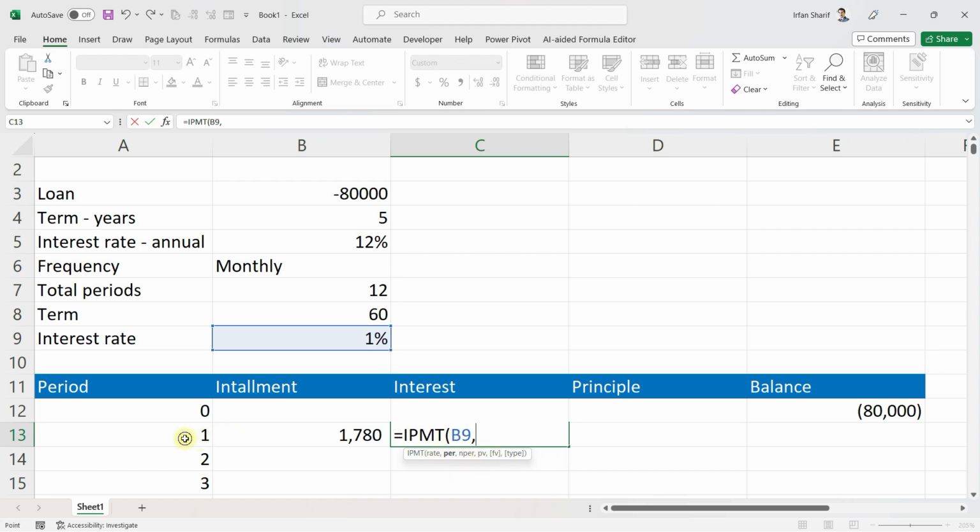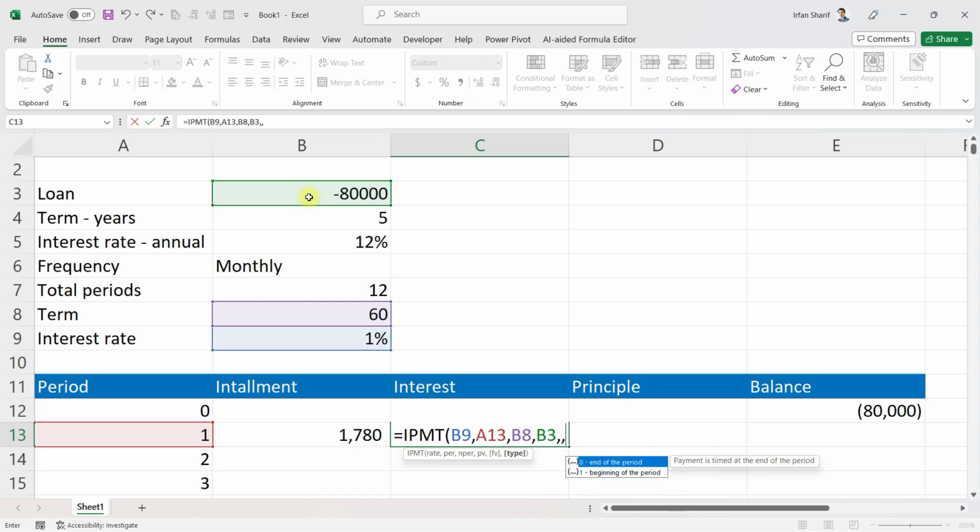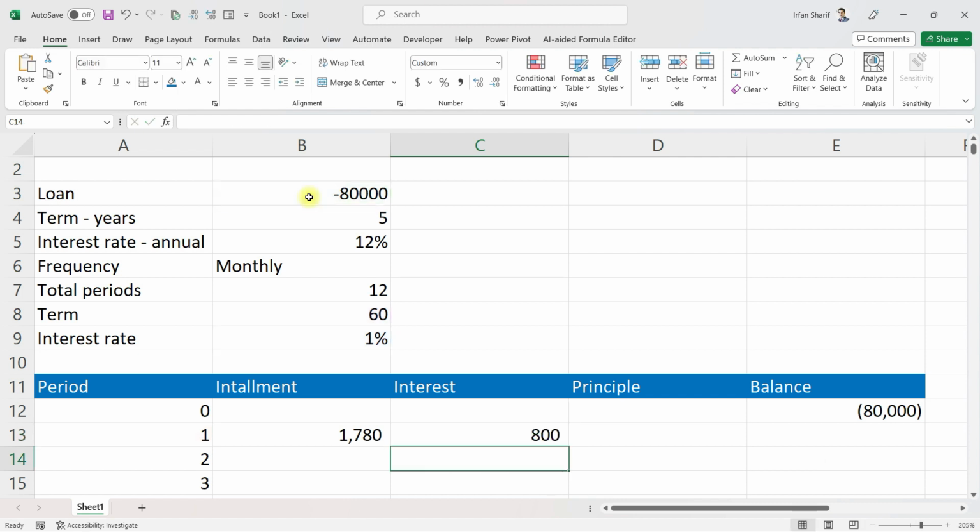So here the period is 1, which is this one here, and then the total number of periods, which are 60, and then the present value of the loan, that is 80,000. No future value, so I'll press comma again, and the type of the loan is 0, which means that we are making the installment at the end of the period. Now close the bracket, and here you have your interest payment.